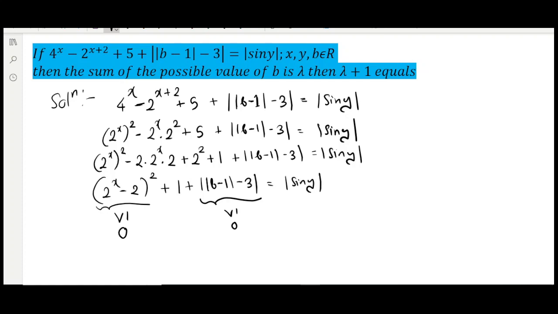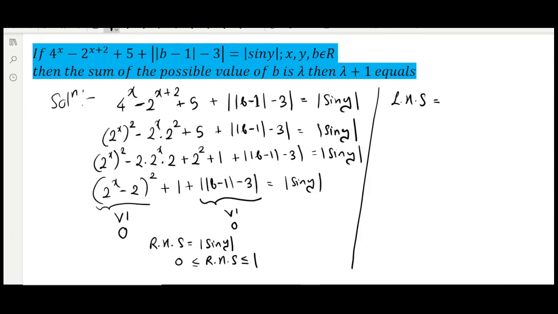So as you can see, the RHS is mod sine y. We know that mod sine y has maximum value 1 and minimum value 0. So RHS lies between 0 and 1. Whereas for the LHS, this term is greater than or equal to 0 and this term is greater than or equal to 0.